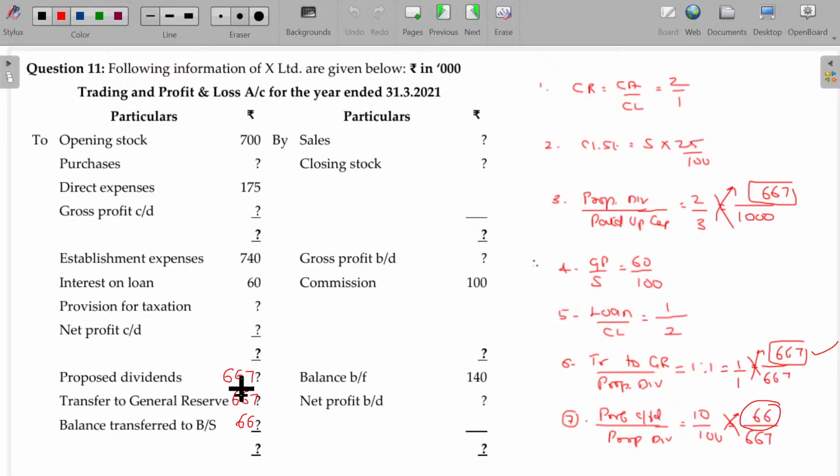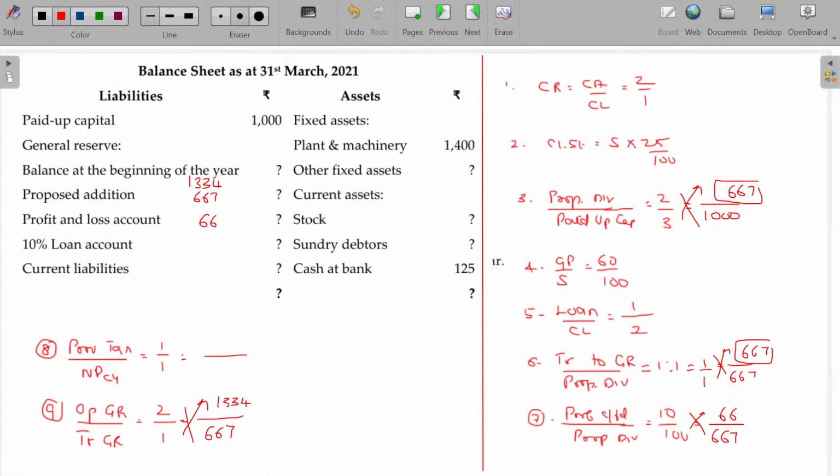Now, what is the total of this? 1400. You can feed that 1400 here also. Net profit for the current year being 1260. We got this as a balancing figure. Transfer here, 1260. And the tax as well as current year profit are 1:1.